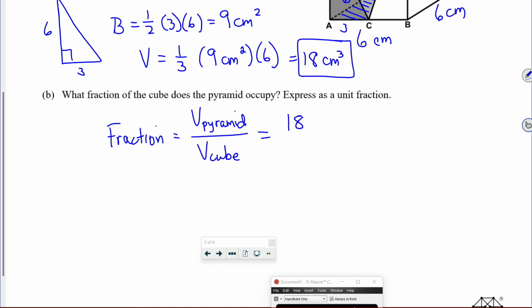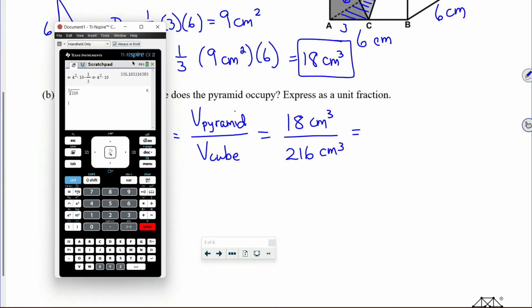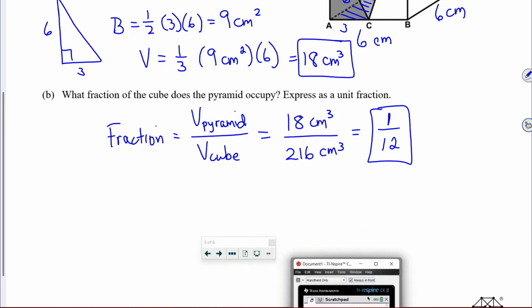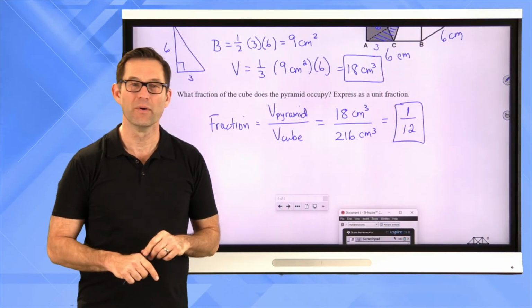That's going to be 18 cubic centimeters divided by 216 cubic centimeters. Most of the time I hate how this calculator reduces things like this to fractions, but this time I love it. And I'll get 1/12. Right? 12 of those pyramids could fit into that 1 cube.